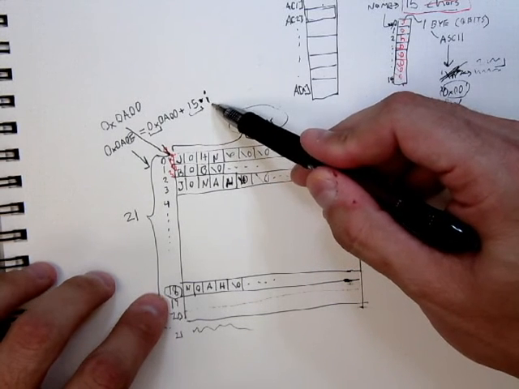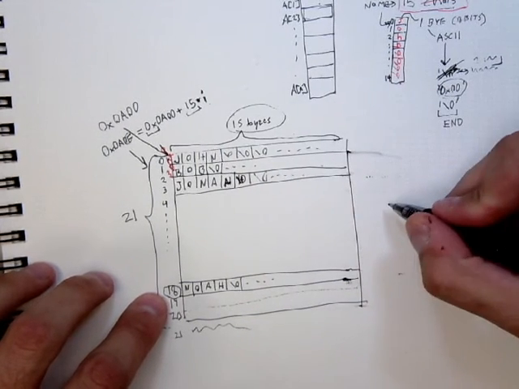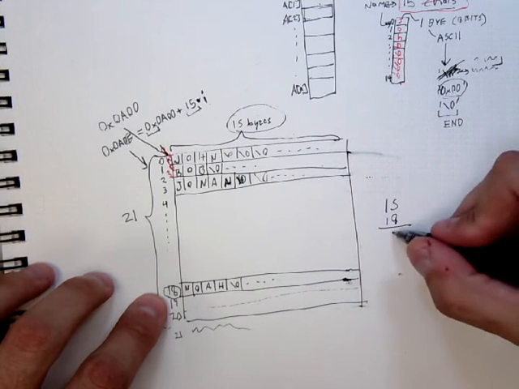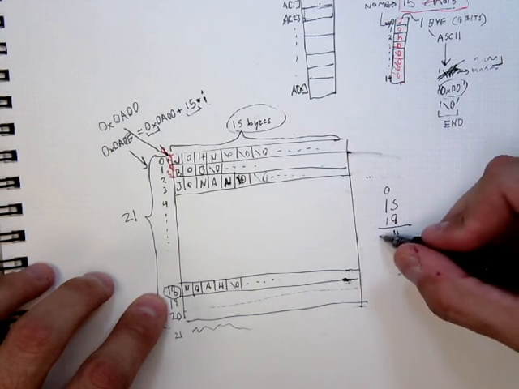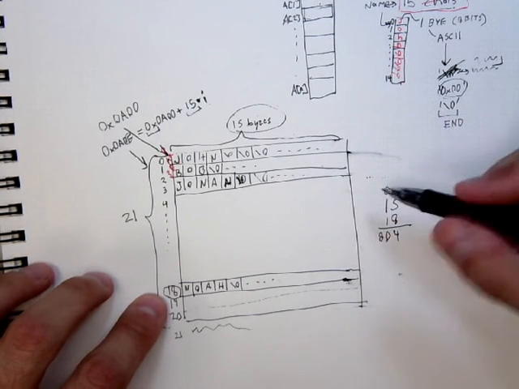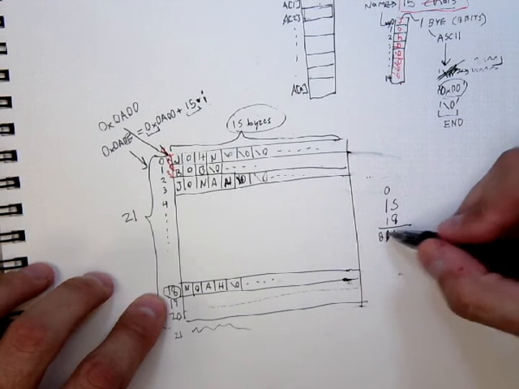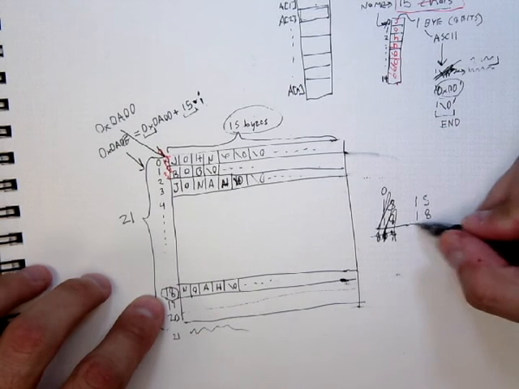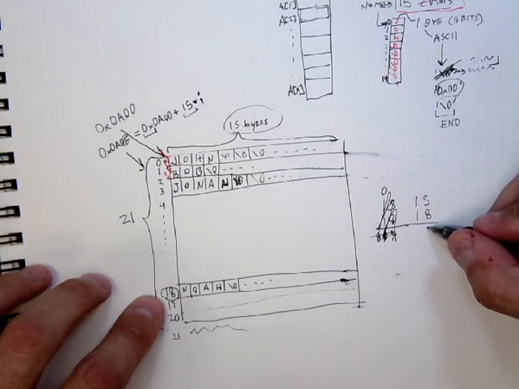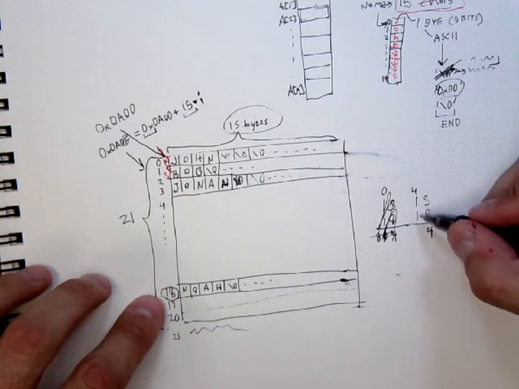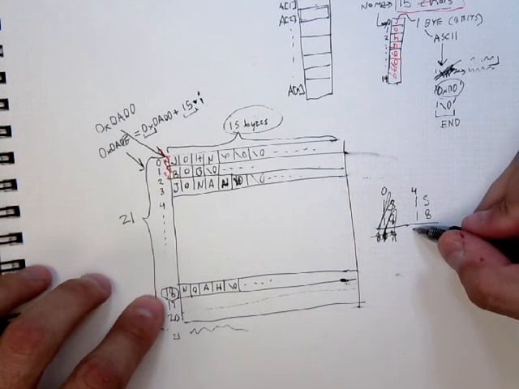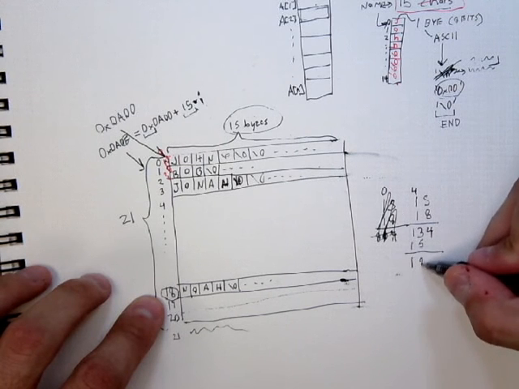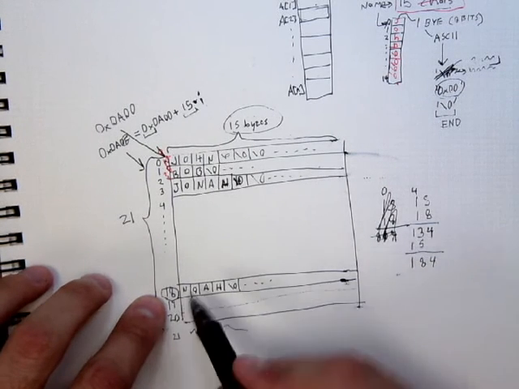So in order to get to position 18, I would need to multiply 15 times 18, which is, I just did that completely wrong. My son's going to be embarrassed at me. I can't do normal multiplication. So 8 times 15 is 40. And then we are looking at 184 bytes down to get here.